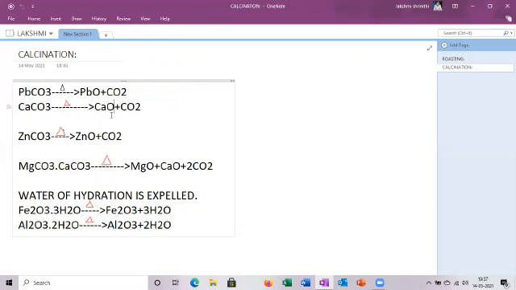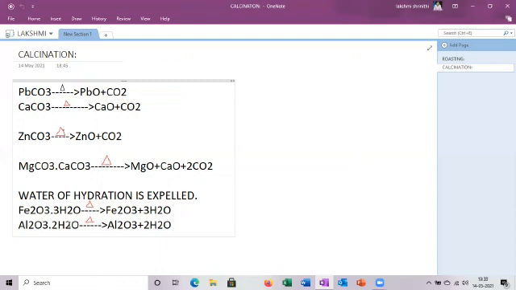ZnCO3 gives ZnO and CO2. A double salt, MgCO3.CaCO3, gives magnesium oxide and calcium oxide, with two molecules of CO2 going out. All this takes place in the absence of air, so the process is referred to as calcination.